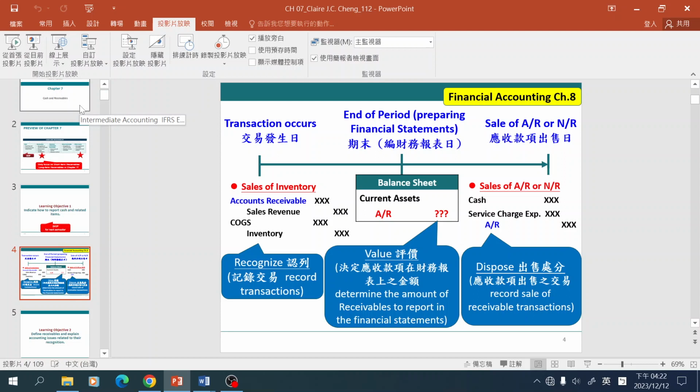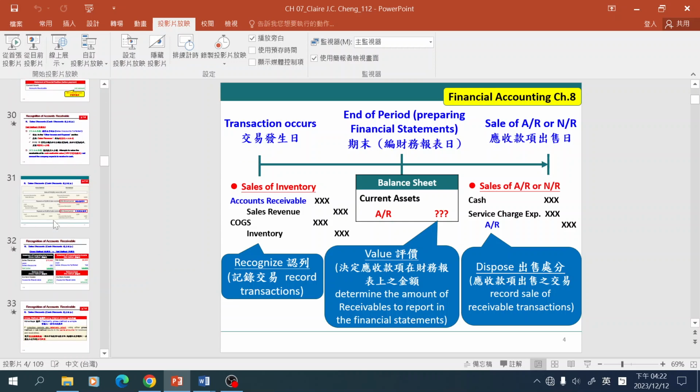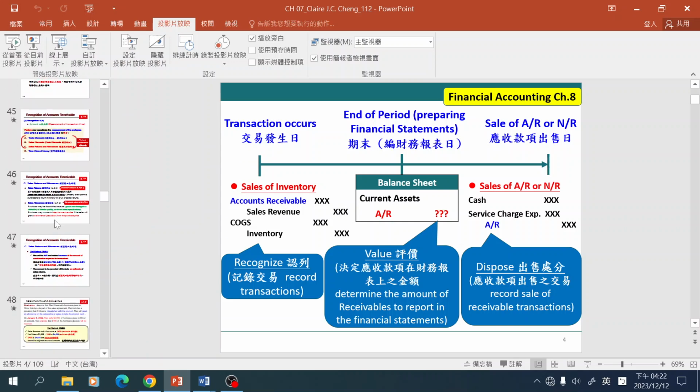Right now, we talk about valuation, meaning on the last day when we are going to prepare financial statements, which amount we should report on our balance sheet. So right now we are here, valuation. But this part is totally the same as your first year. So that's why we won't spend much time on it.